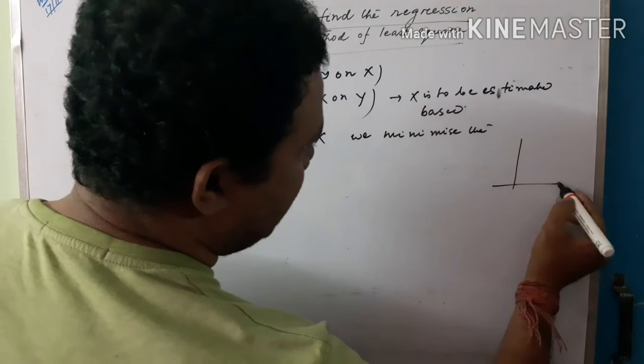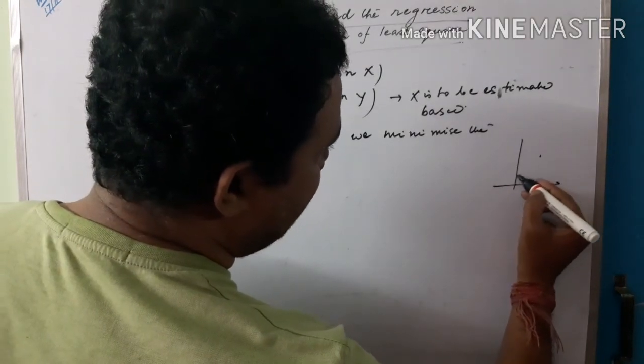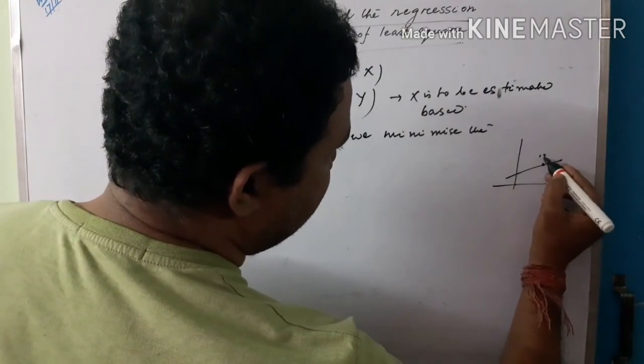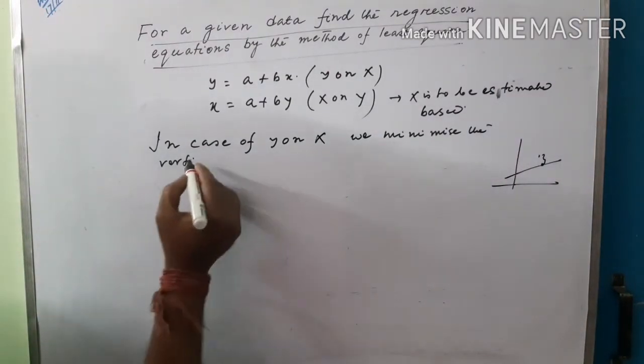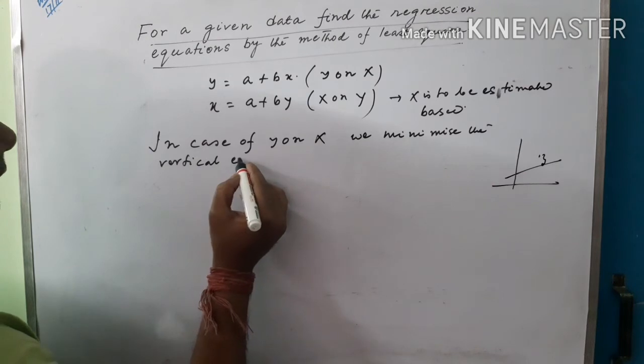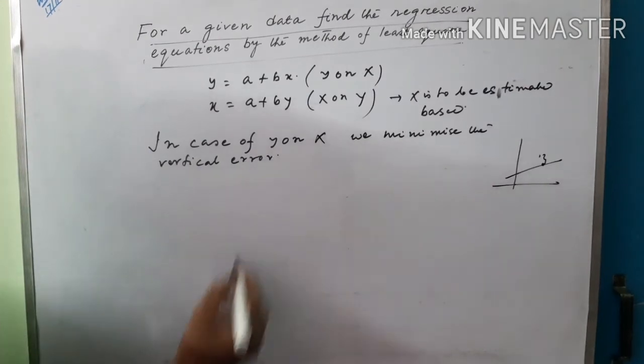You can remember the diagram. Here is the observed value and here is the estimated value. So we minimize the vertical error. Clear?